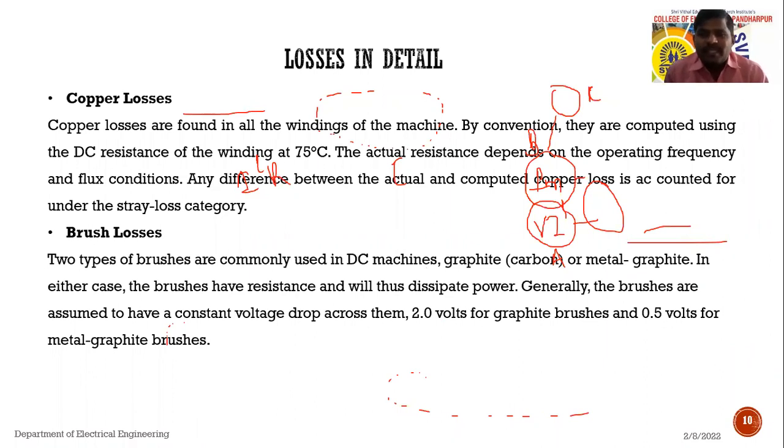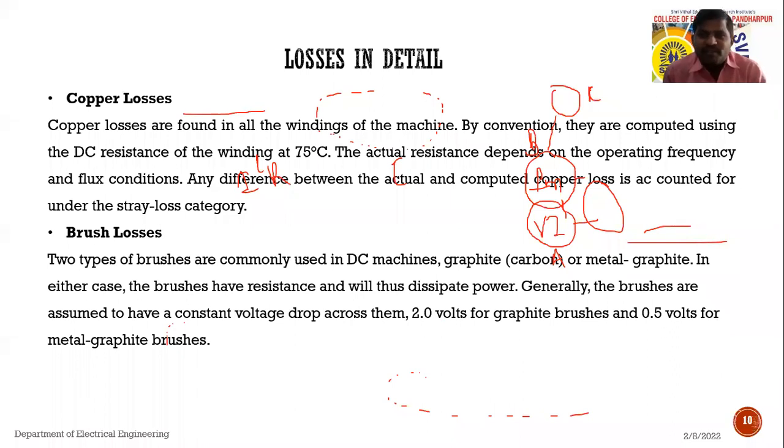One type is graphite, that is, carbon graphite, and another one we can call metal graphite. In either case the brushes have resistance and will thus dissipate power. So the brush has some resistance.